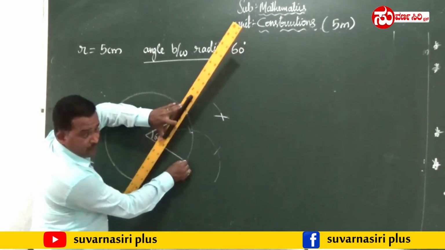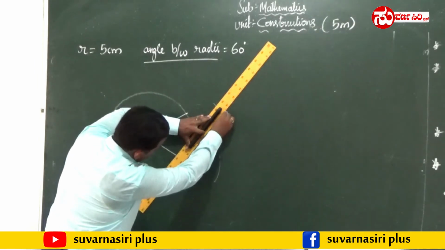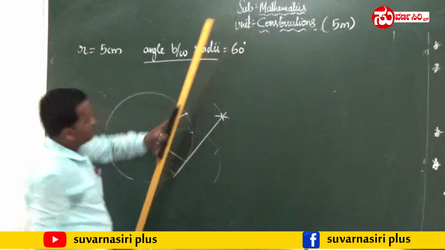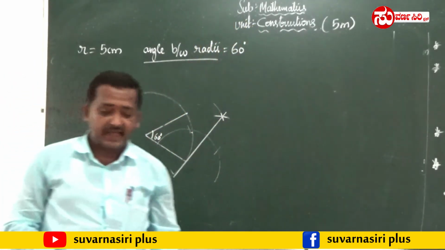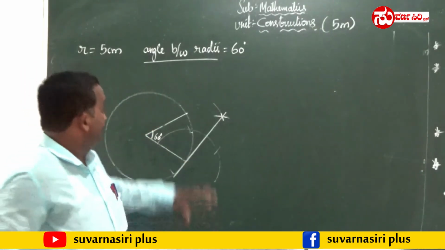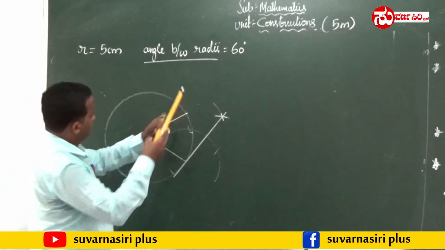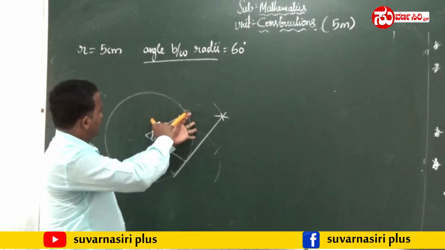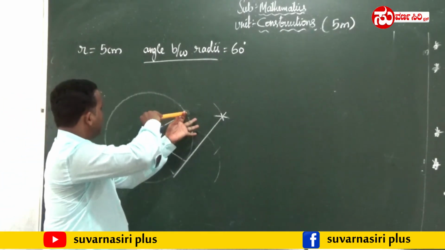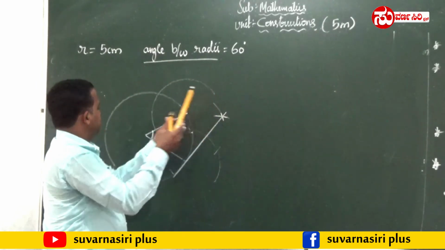This is the point of contact. So this is how we have to draw the tangent. Similarly, you have to follow the same procedure for this other radius. So keep it here, take more than half, draw the semicircle.